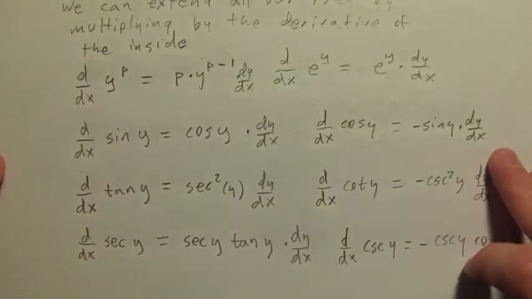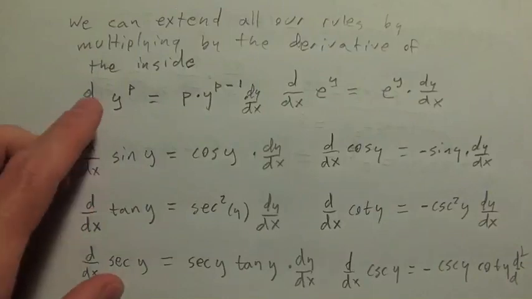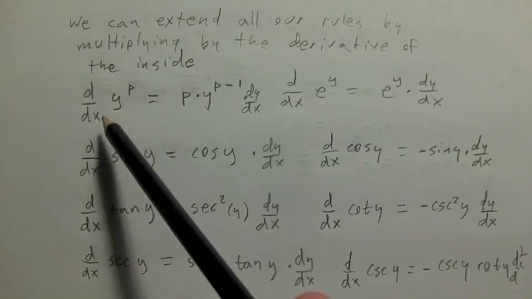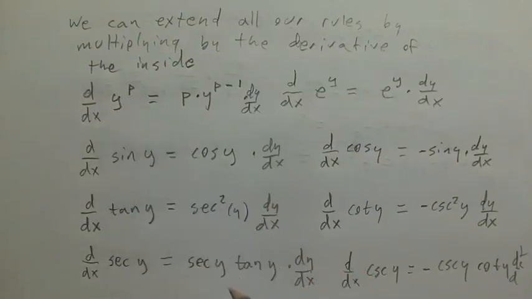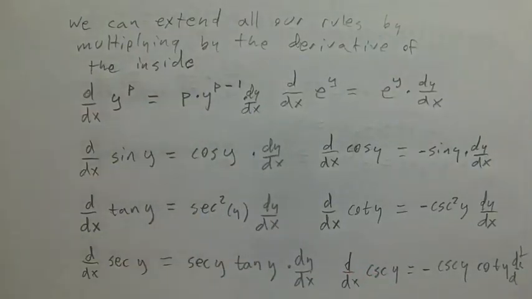So what this really tells us is that we can extend our derivative rules all we want, provided we multiply by the derivative of the inside. Okay, so here's that written out some. We can extend all our rules by multiplying by the inside. So for example, if I take the derivative with respect to x of y to the p, so instead of just x to a power, now it's a function of x to a power, like y to a power.